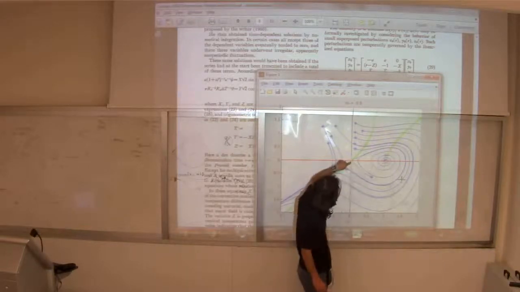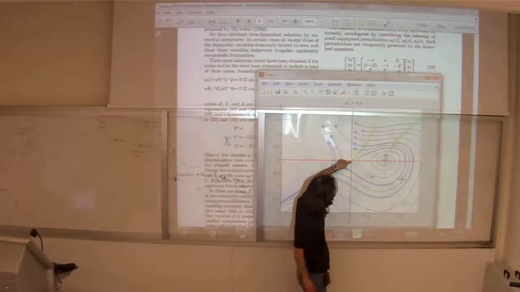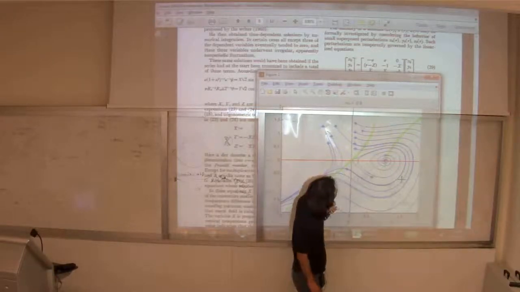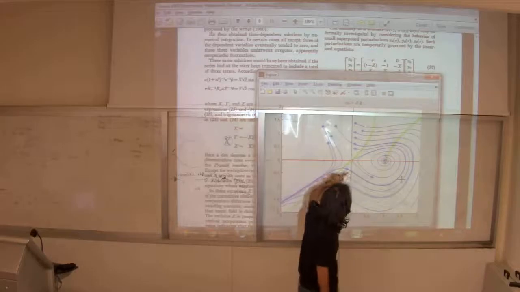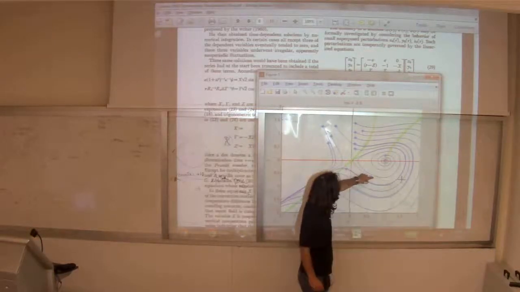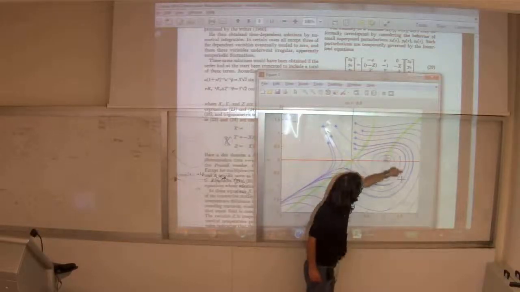There is one spiral that comes out of here that goes into the saddle. The spirals that go out of the fixed point are thrown away here.